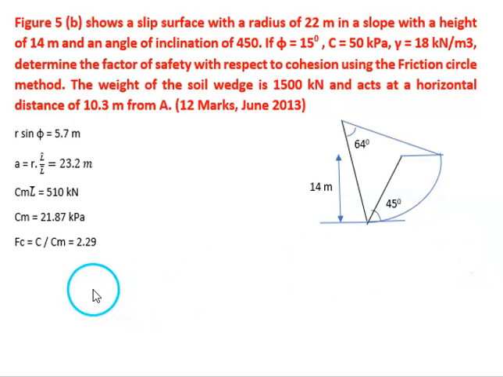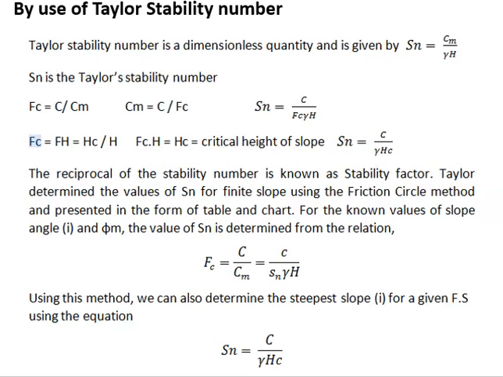From the force triangle we can find the mobilized cohesion. Actually we will be finding the total cohesive force, and from that we will be finding the mobilized cohesion. Then by taking the ratio of ultimate cohesion to the mobilized cohesion, we can estimate the factor of safety with respect to cohesion. Then the next method is Taylor stability number.